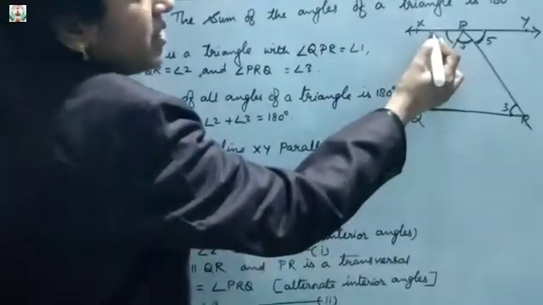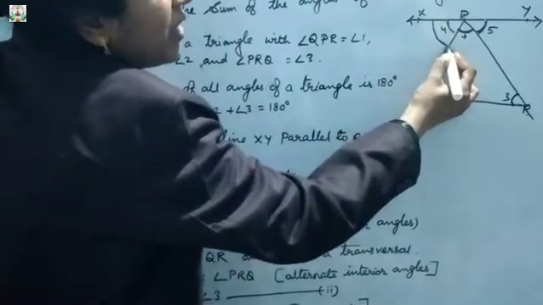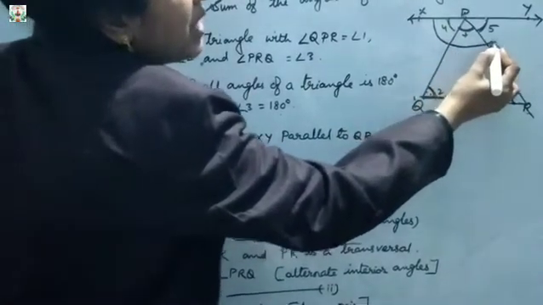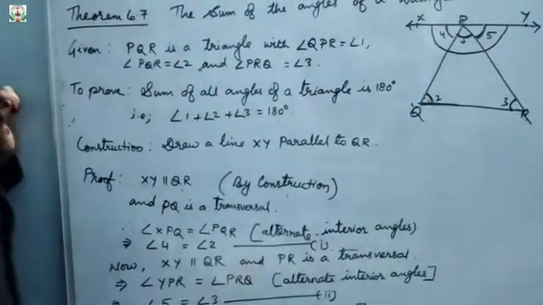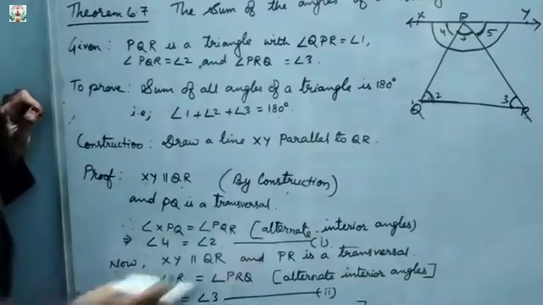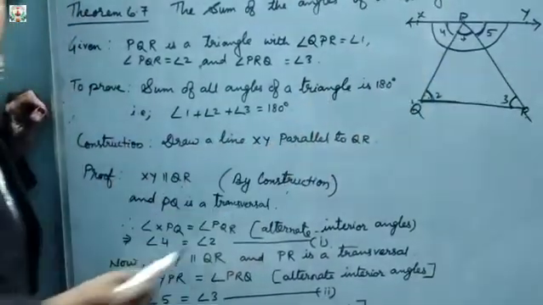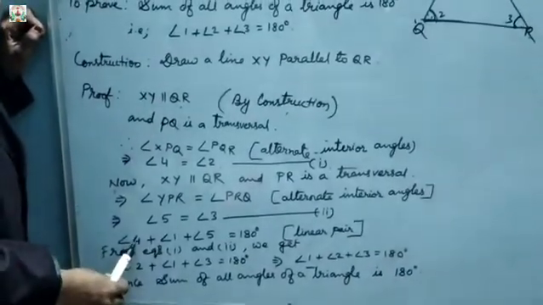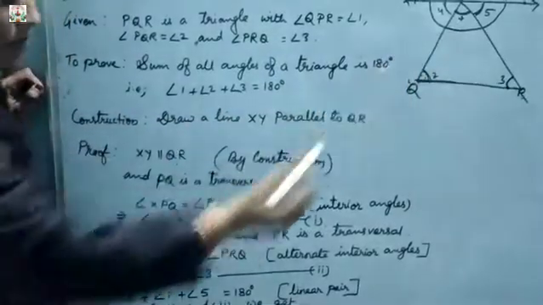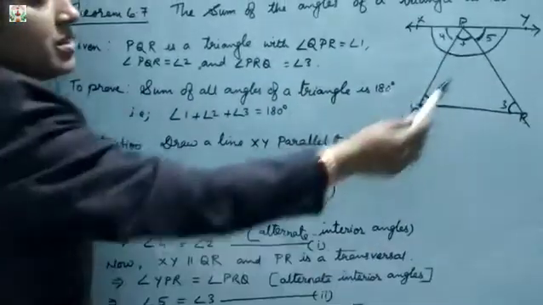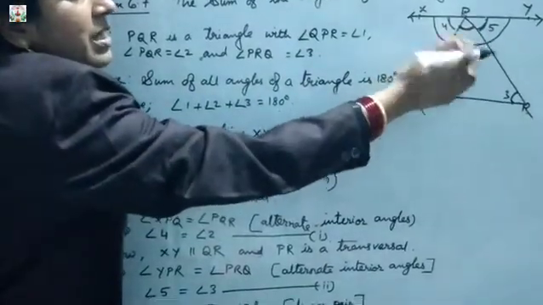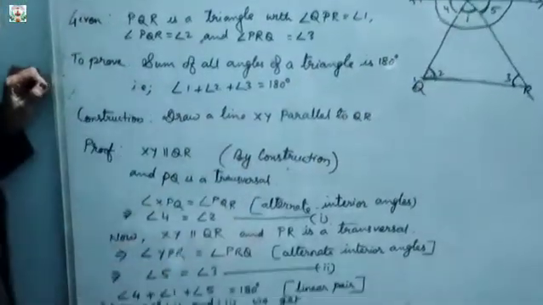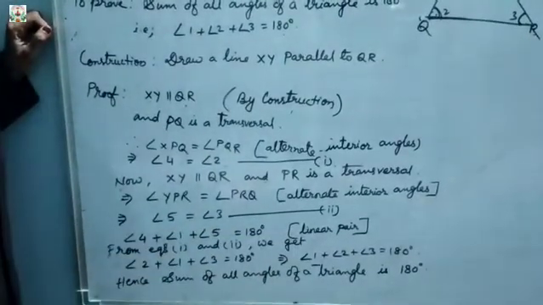Okay. Now we know that this whole angle, angle 4 plus angle 1 plus angle 5, is equal to 180 degrees because they form what? Linear pair. So angle 4 plus angle 1 plus angle 5 equals 180 degrees, which is a linear pair.